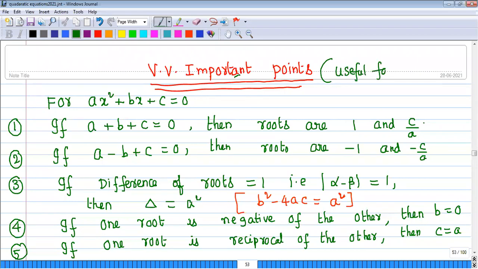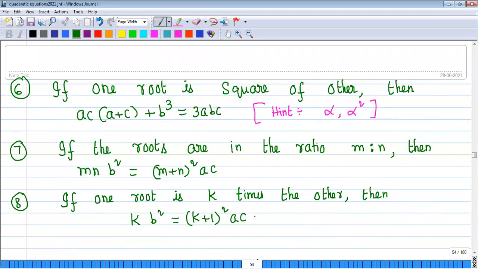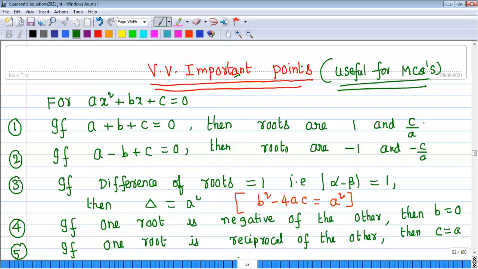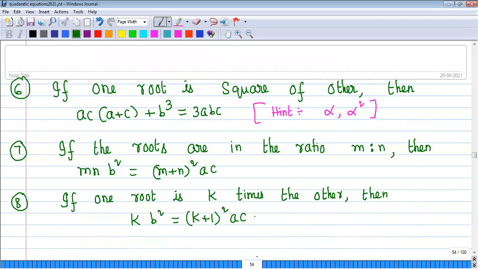Useful for multiple choice questions. Show next page, sir. So once your previous page, sir. Show next page, sir. Yes, please, sir.